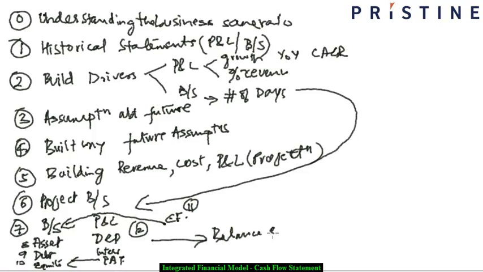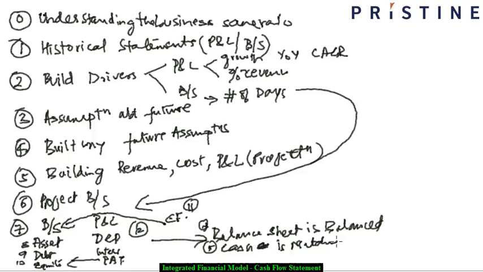So some of the checks that I have is that my balance sheet is balanced. Okay. And my cash is matching historically. Is that okay? So these are the essential steps in creating a completely integrated financial model.